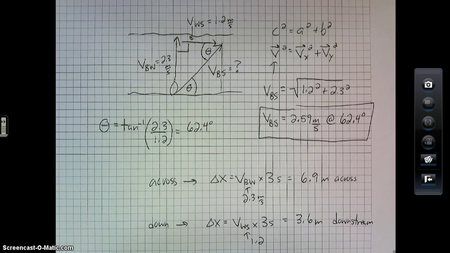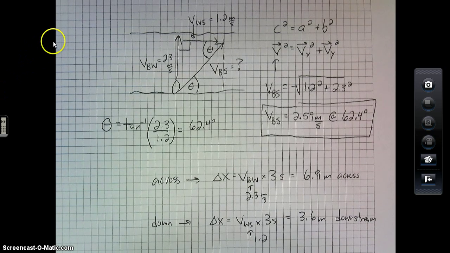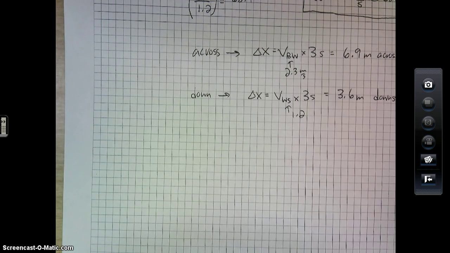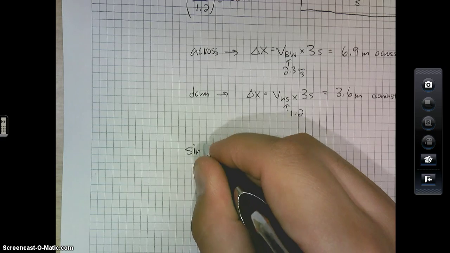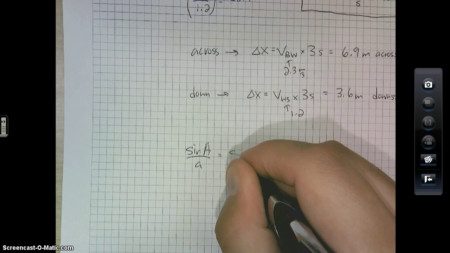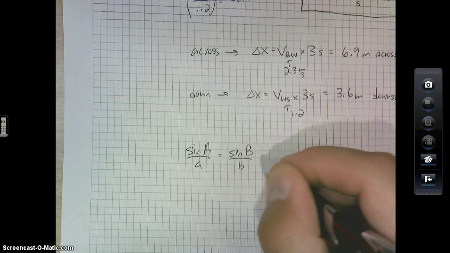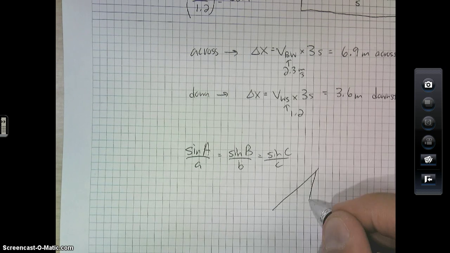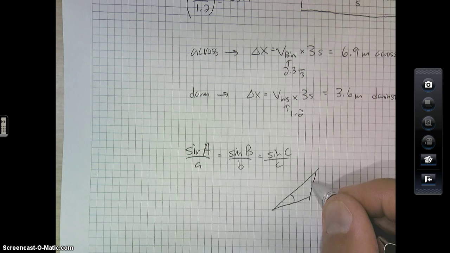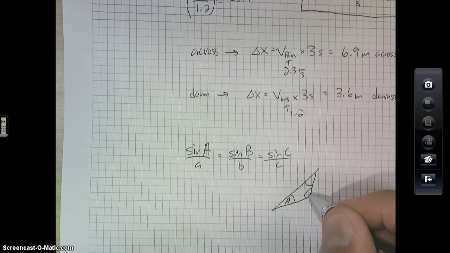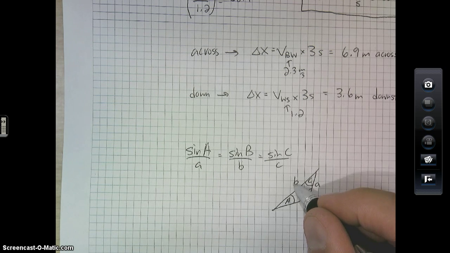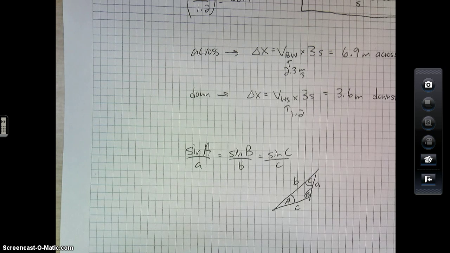I will give you a hint on both 46 and 49. The use of the law of sines might be helpful. If you don't remember the law of sines, sine of A over A equals sine of B over B equals sine of C over C. That works for any triangle where, if we know these angles, let's say this is A, B, and C, then this side is A, this side is B, and this side is C. They're always the opposite sides.